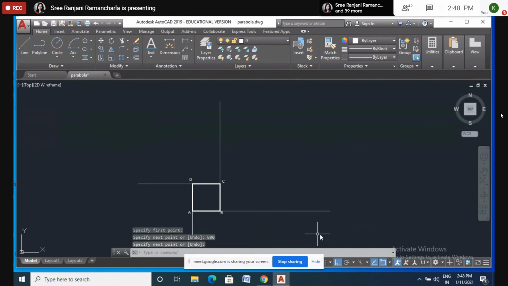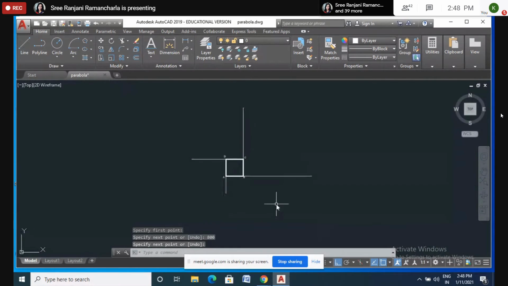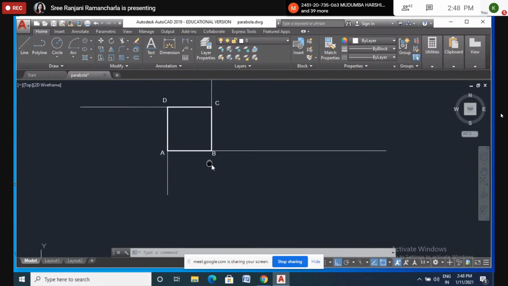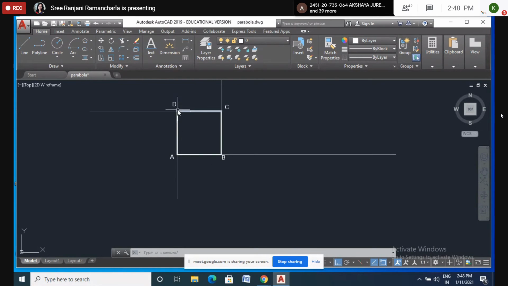Now what do you have to do? Please look here. With AB as a radius and E as a center, draw the curve like this with the compass. Now D as a center, and D to this length as a radius, draw the curve like this.